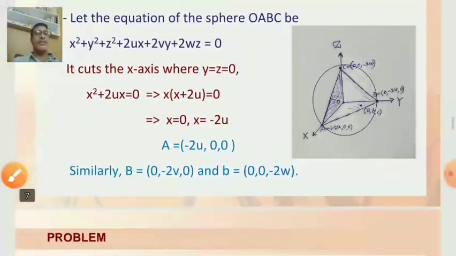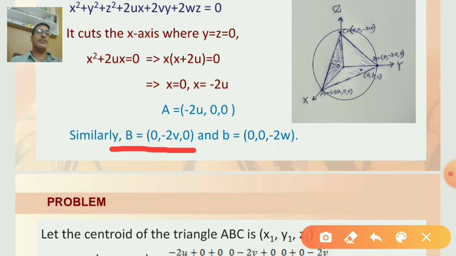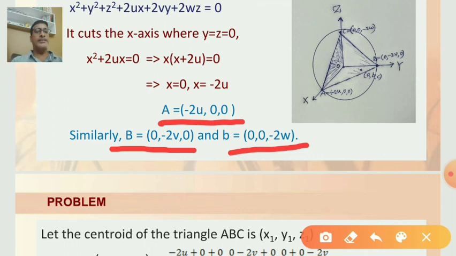In a similar way, B is (0, minus 2v, 0) and C is (0, 0, minus 2w).